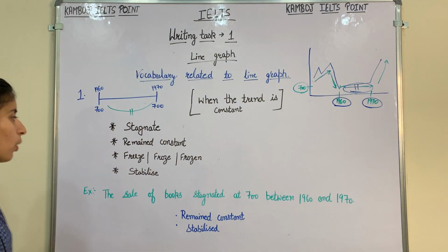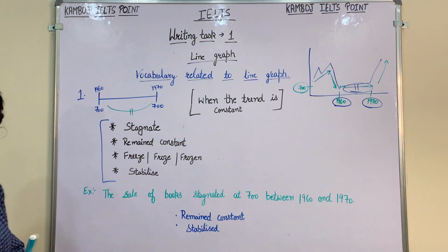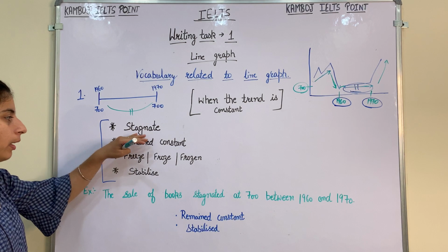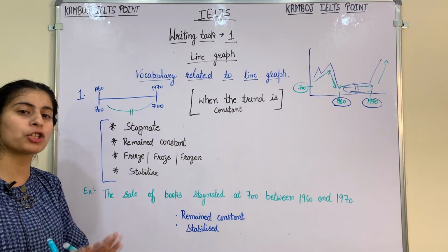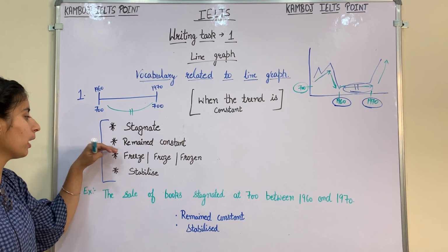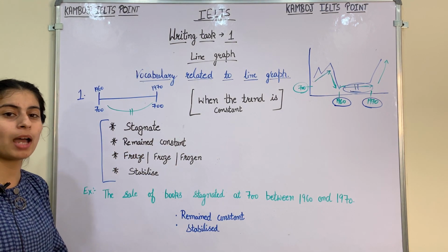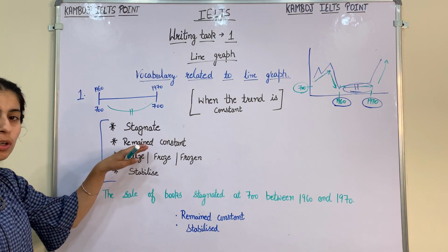Okay. So let's begin with the words that you can use to express these types of trends. The first one is stagnate. Stagnate means something constant. It's not changing at all. The second one is remained constant. If you want to express that any trend remained constant, you can use this word.